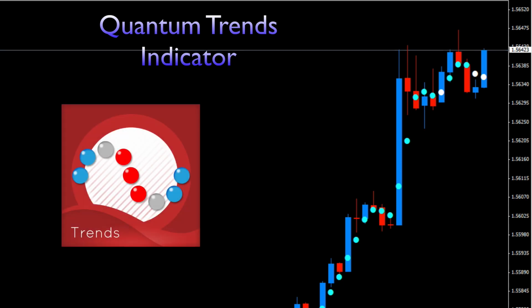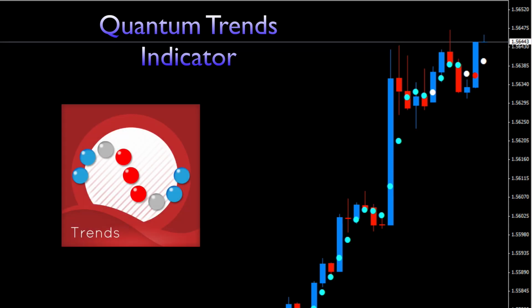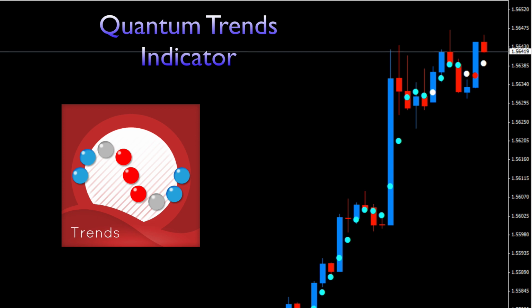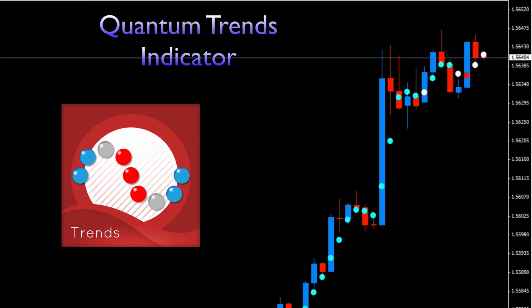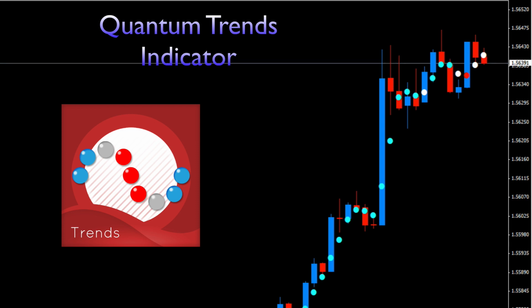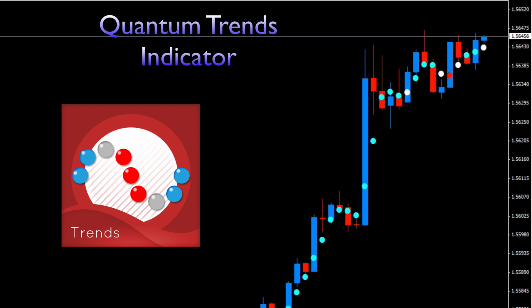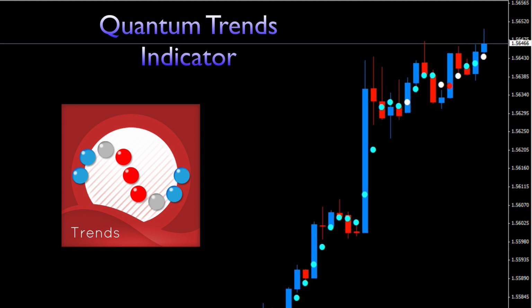So the trend dots are trying to provide a view, not just on transitional phases, not just on whether the trend is bullish or bearish or whether we're in transition, but also trying to give you a sense of the momentum, whether we're pausing, and it's all through the prism of where the trend dot is in relation to the price action. And this is why we developed it, to try and analyze and deconstruct the price action, if you like, by looking at the candles and the relationship of the trend dots associated.